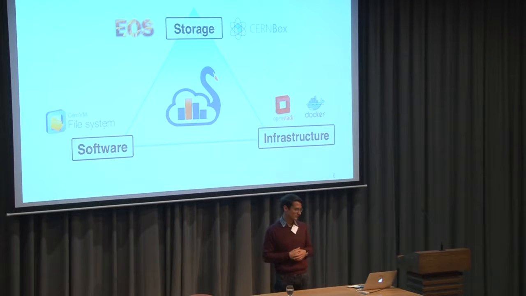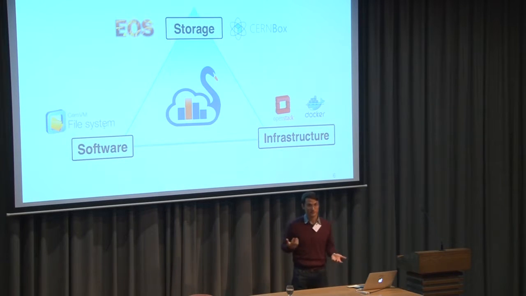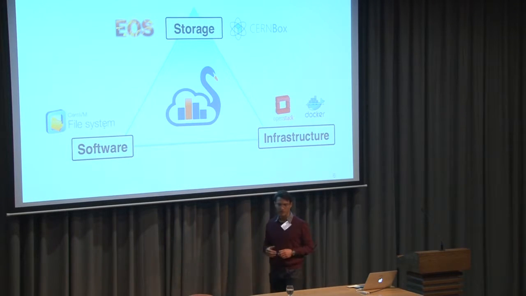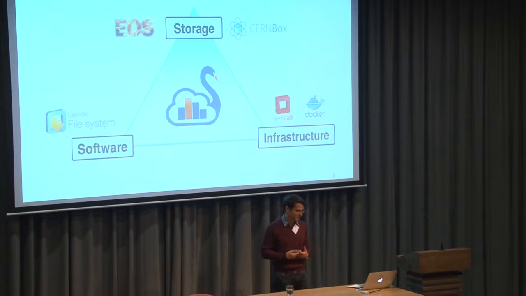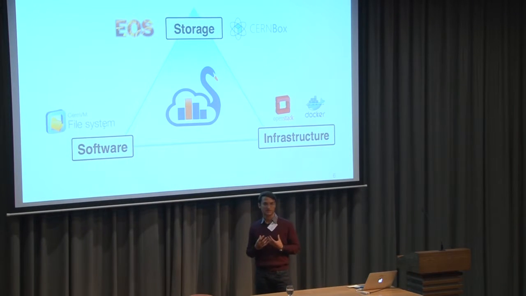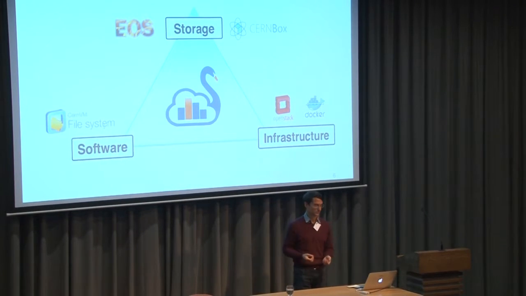And finally, we have infrastructure, so where we allocate user sessions. For that, we can leverage the OpenStack infrastructure at CERN, and in particular, we also use Docker to encapsulate user sessions. When you log into SWAN, you will be allocated a session, and this session will be isolated from the rest inside a container, where you will be able to run your notebooks.